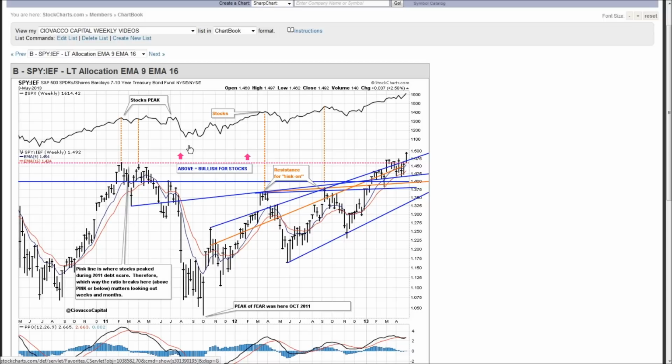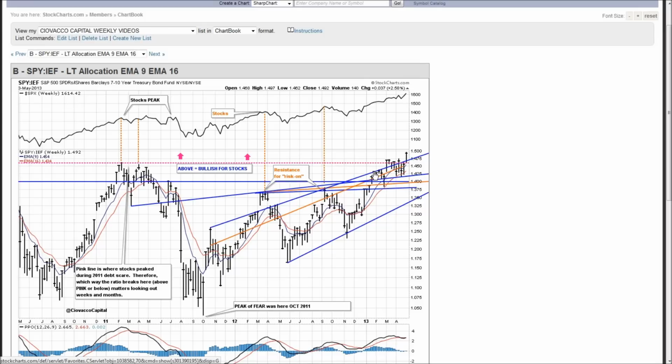What we've been watching is when the ratio of stocks to bonds stalled in this area and this pink line acted as resistance, it was a yellow flag, and eventually the stock market corrected in a sharp manner. Here, you've got a line that acts as resistance for the ratio. Yellow flag, stock market peaks. Resistance for the ratio, yellow flag, stock market peaks and rolls over.